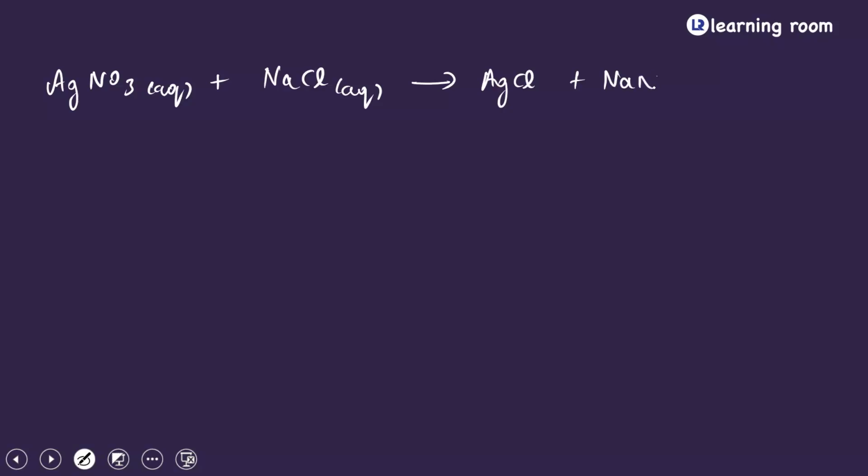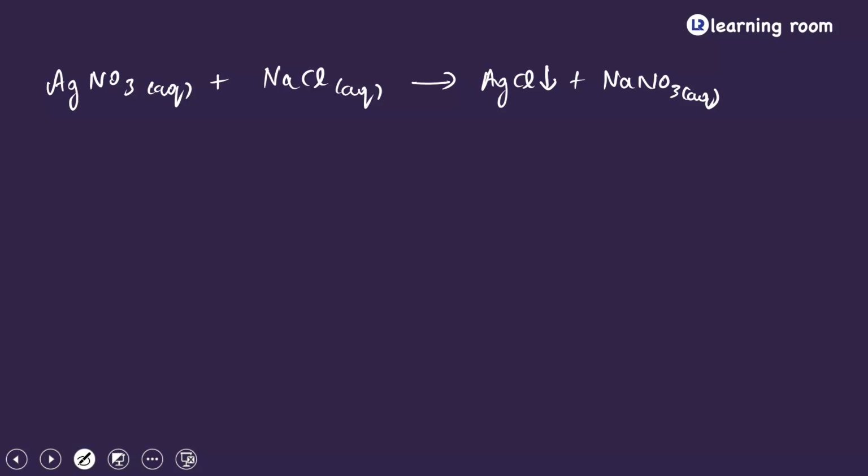So you have your AgNO3 silver nitrate solution reacting with NaCl solution to form AgCl plus NaNO3. What type of reaction is this? It is a precipitation reaction.